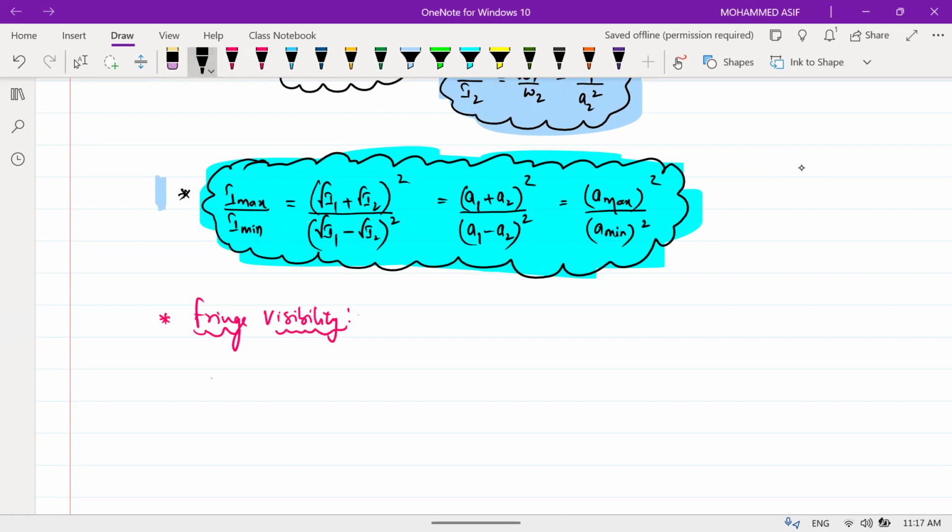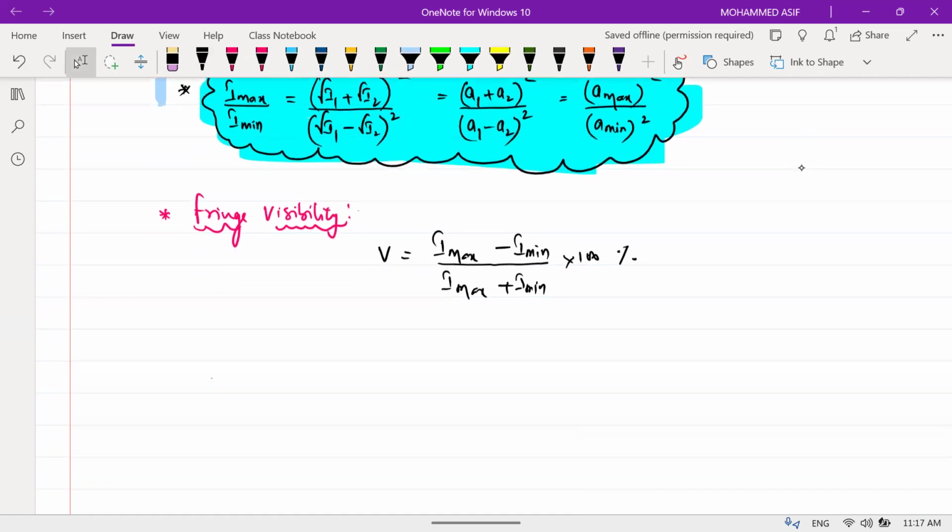Fringe visibility is represented by V. V is equal to I max minus I minima divided by I max plus I minima, multiplied by 100. If I minima is 0, then fringe visibility is maximum. That is when both the slits are of equal size, the fringe visibility is best and it is equal to 100%. Clear?